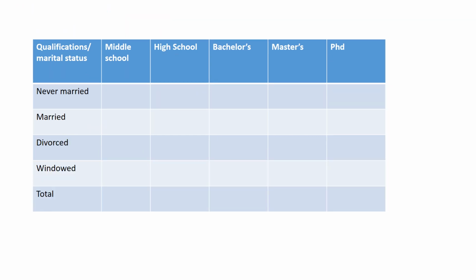So for us to be able to calculate the table of expected values, we need to compute the expected values. So let us compute the values for the middle school. And how do we calculate the expected values?